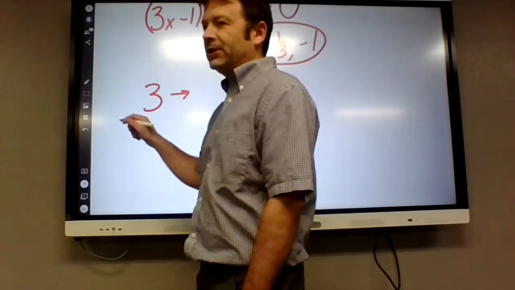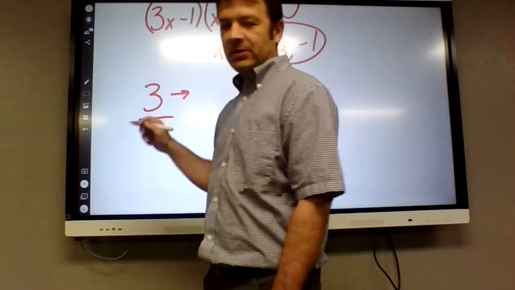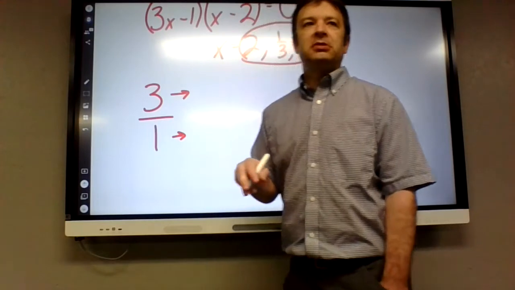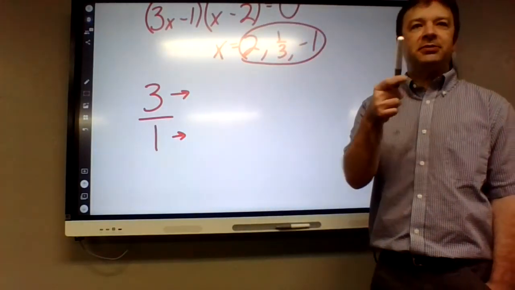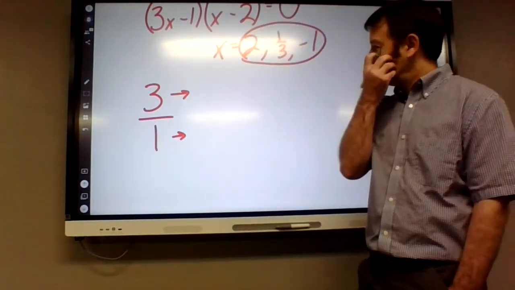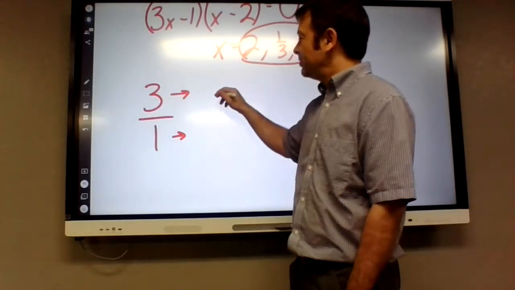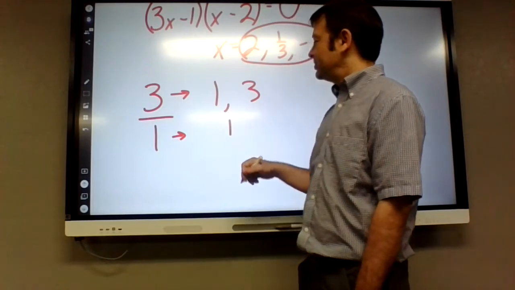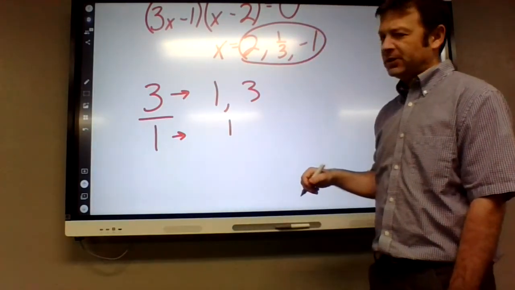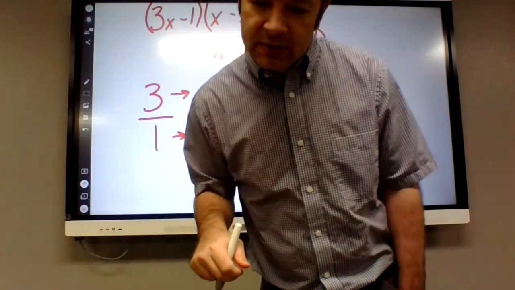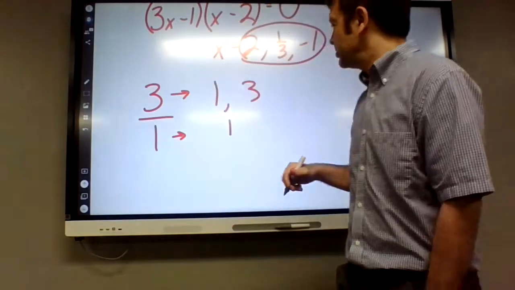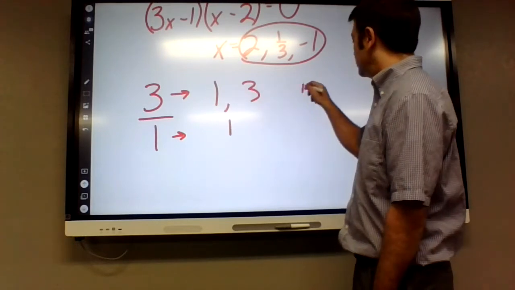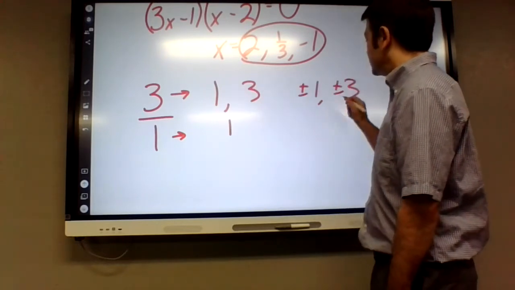Factors of 3 over factors of 1. See where I got that from, Elena? Crystal? Okay. Are you bluffing? What are the factors of 3? What are the factors of 1? Okay, anyway, 1 over 1 or 3 over 1. So these are our options.